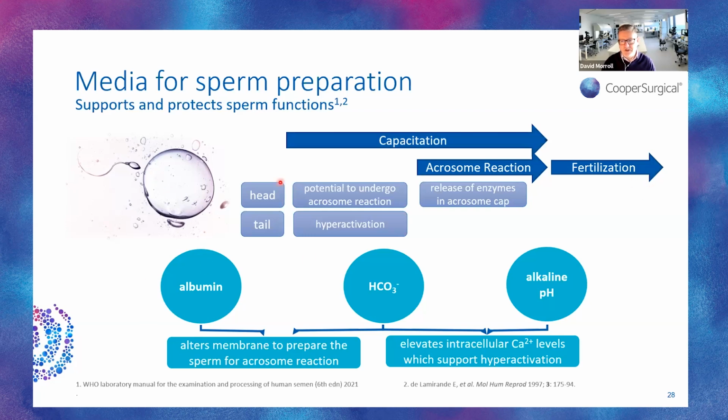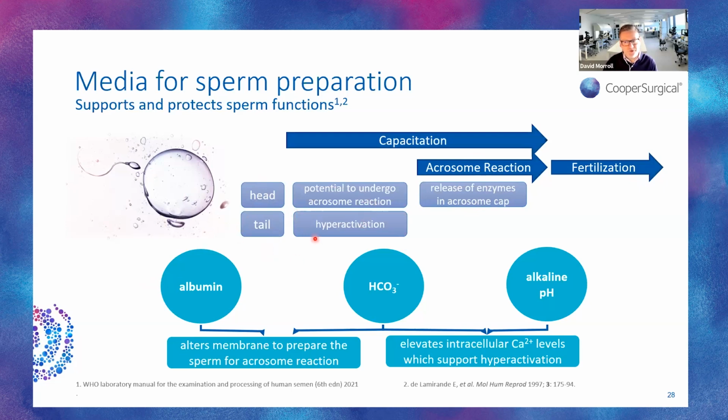What sperm will need to do is the head of the sperm undergoes changes. It's a very fluid membrane with cholesterol patches that allows fenestration during the acrosome reaction. That allows the release of enzymes from the acrosomal cap. And similarly, the tail also undergoes changes.